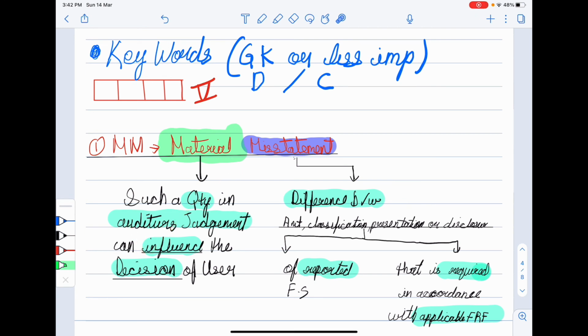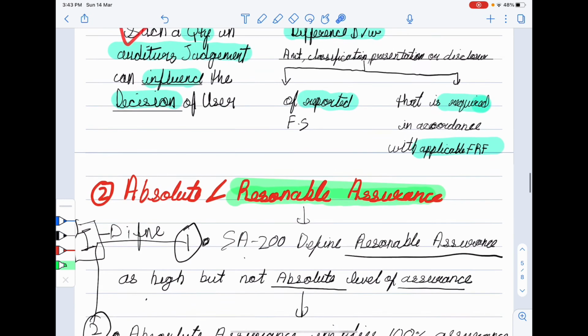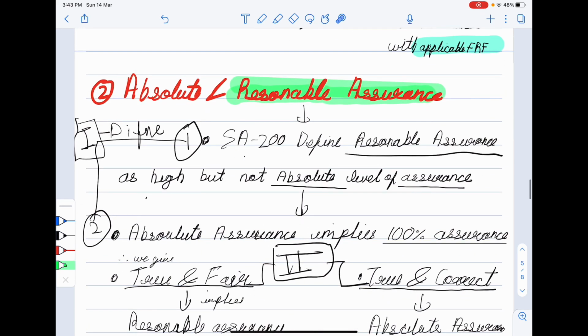And misstatement is the difference between the amount, classification, presentation, disclosure of a reported financial statement item and the amount, classification, presentation, disclosure that is required in accordance with the applicable FRF. Next is what is absolute and reasonable assurance.